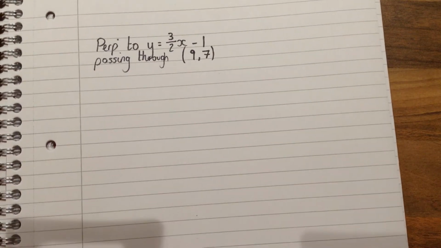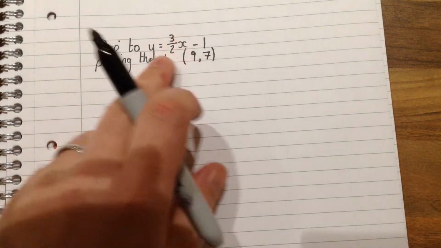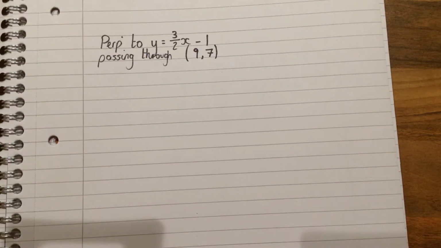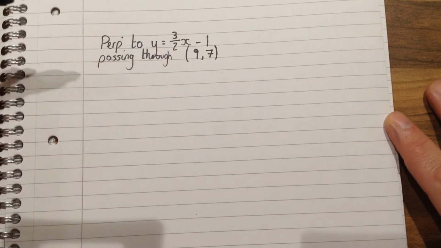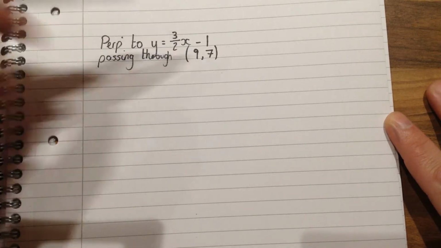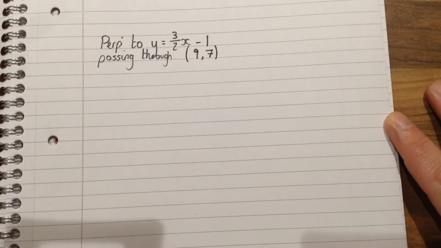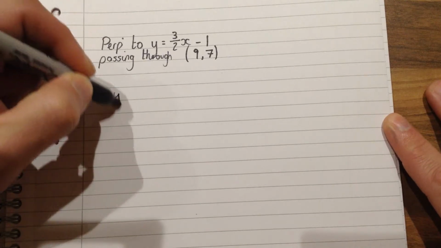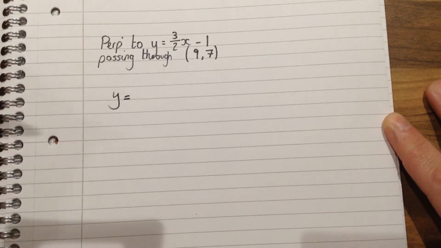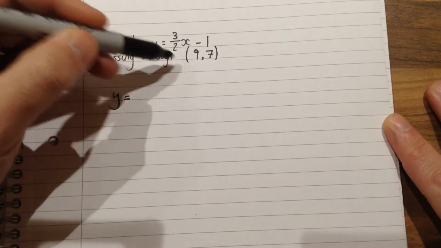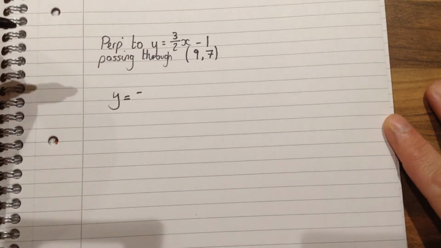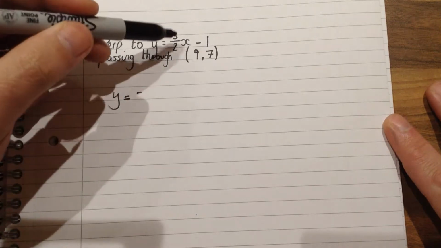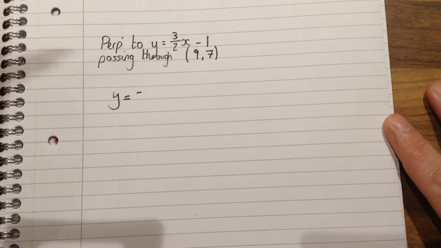Just one more example, this time with a slightly more complex gradient we're going to deal with. So perpendicular to 3 over 2 x minus 1, and we're going through a point 9, 7. So we do the same thing again, y equals negative reciprocal for the gradient, so we've got minus, because this one was plus, so minus for this one. Remember, the reciprocal just flips the fraction upside down.